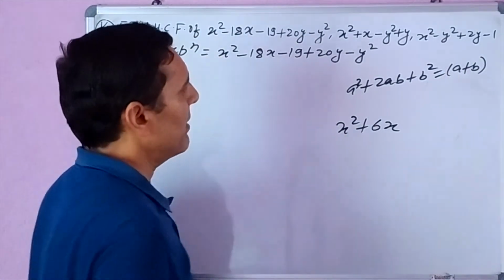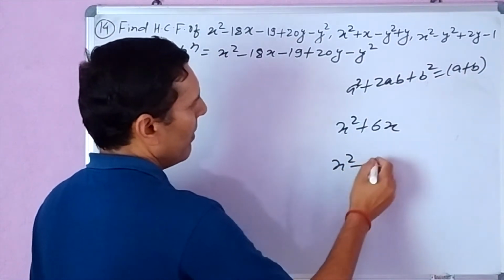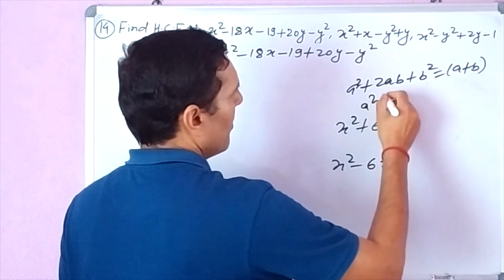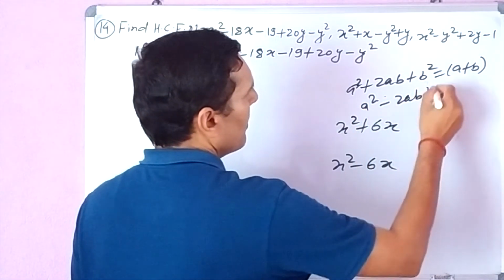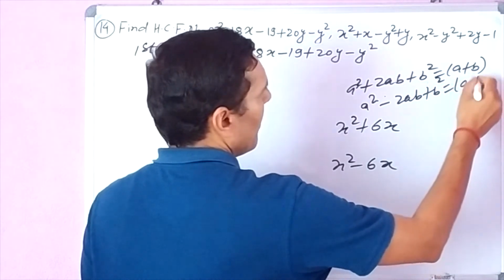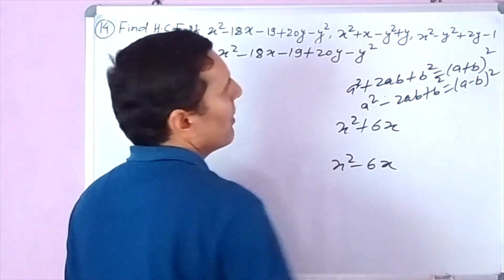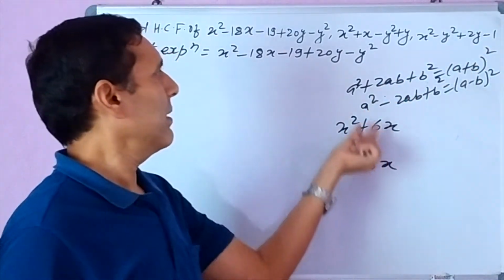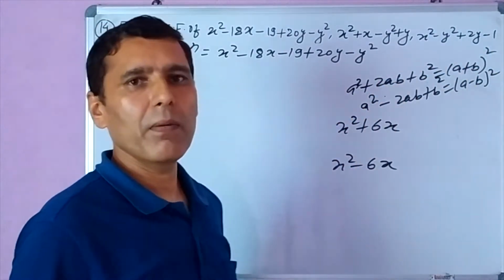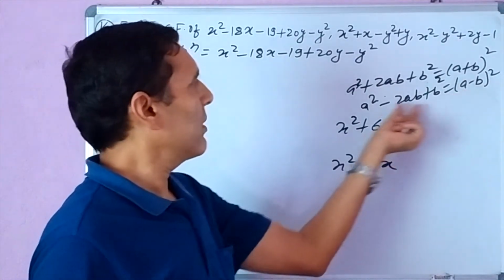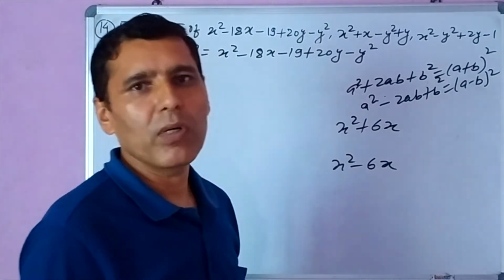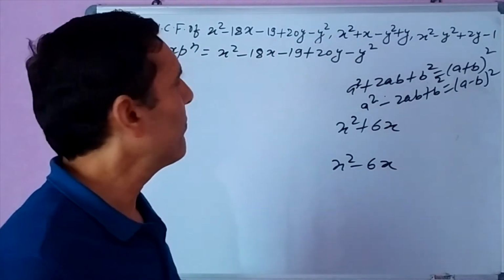If the second term is negative, like x square minus 6x, then we can write it in the form of a square minus 2ab plus b square, and it is a minus b whole square. So either we write a plus b whole square, making this a square plus 2ab plus b square, or a minus b whole square, making this a square minus 2ab plus b square. This is known as completing the square.